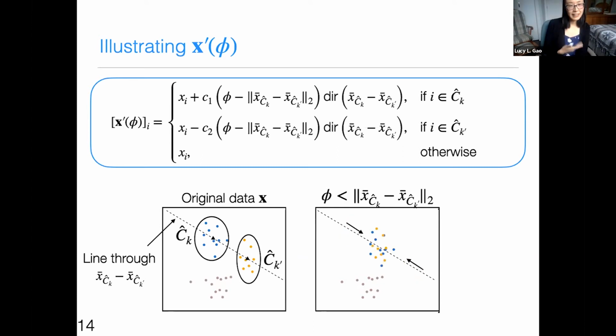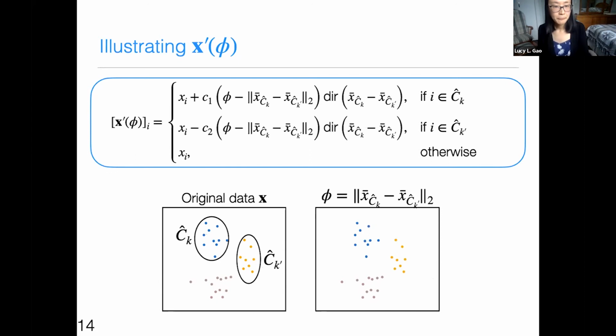If phi is smaller than that distance, then you're pushing them together, again along the axis of that same line and in one single piece. And if phi is the same as the distance between those sample means, you're not doing anything. You're literally just getting back the original data set.